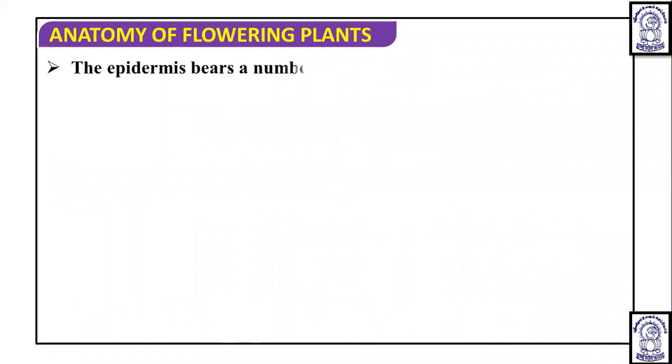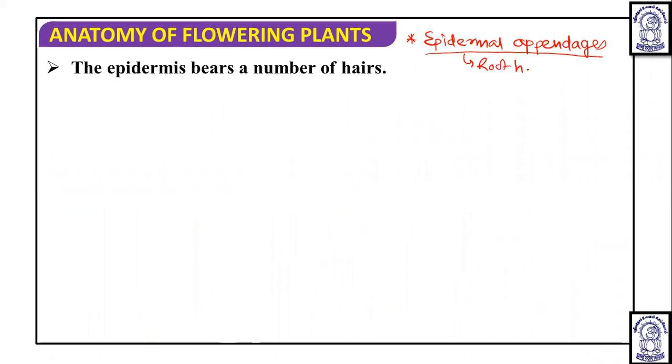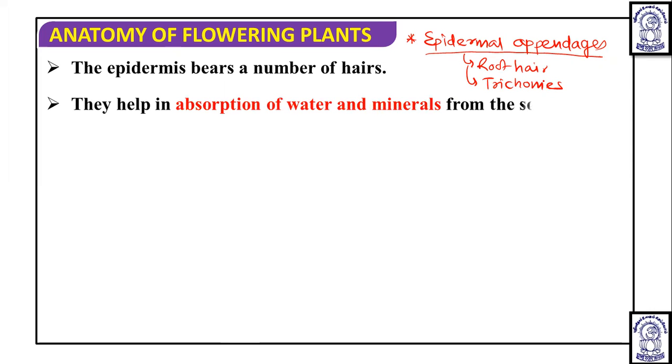Appendages means extensions. Epidermal appendages include the root hair and trichomes. Trichomes are stem hair. So the epidermis bears a number of hairs.